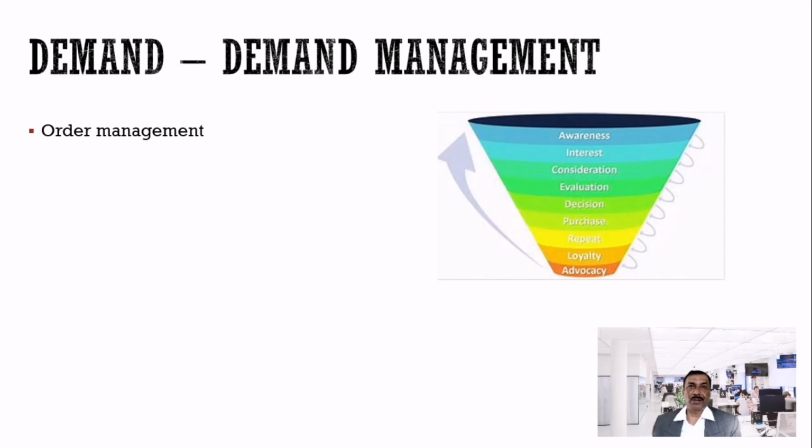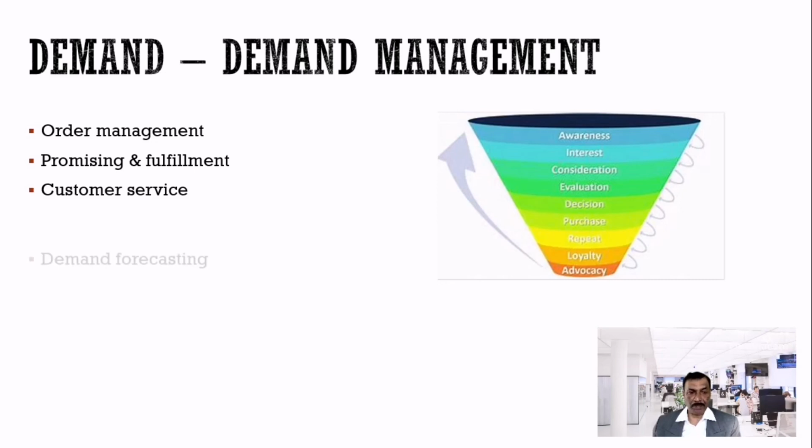If you have hundreds of products, then you should promise when you are going to deliver the item, and fulfillment. One is making the promise and another is ensuring that the item is dispatched to the customer at the promised time. So it's also a part of demand management. Then there is the related customer service. Possibly there is an inquiry from the customer asking for some technical clarification, so you are going to provide some customer service. That's also a part of demand management.